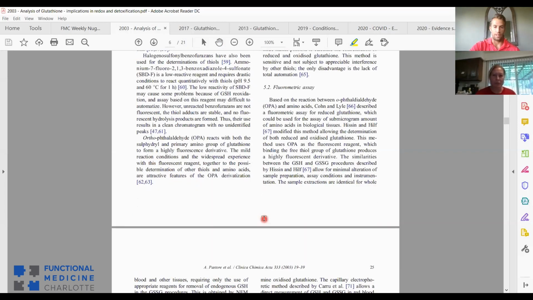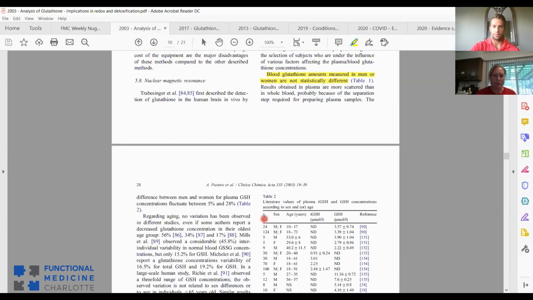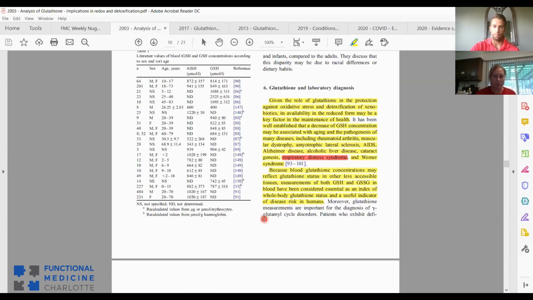There's a piece in here that I want to show you discussing glutathione. So you'll see down here, it is well established that a decrease in glutathione concentration in humans may be associated with aging and the pathogenesis of many diseases, including rheumatoid arthritis, muscular dystrophy, ALS, AIDS, Alzheimer's disease, alcoholic liver disease, cataracts, Werner's syndrome, and then in red here I have highlighted respiratory distress syndrome.